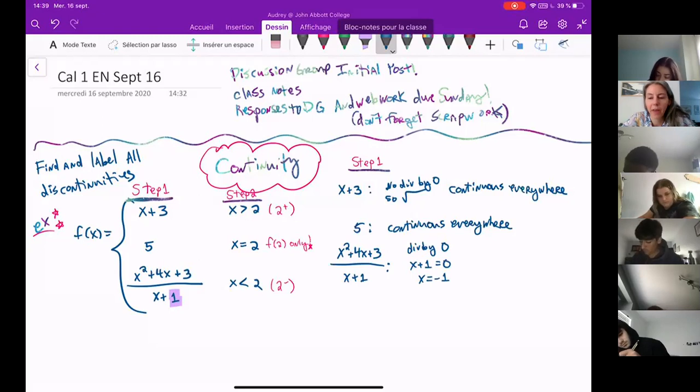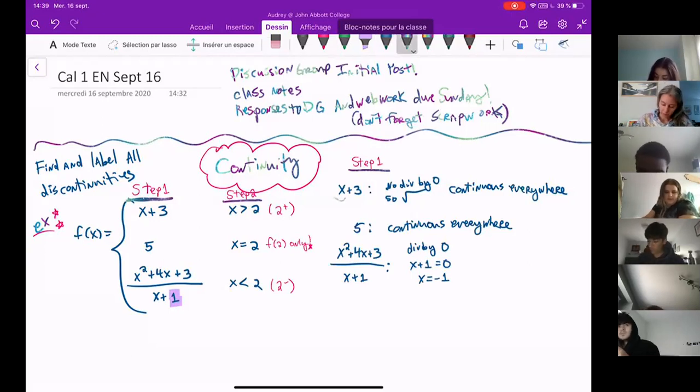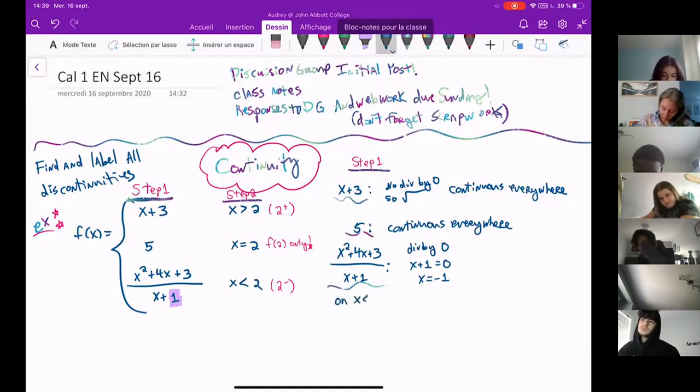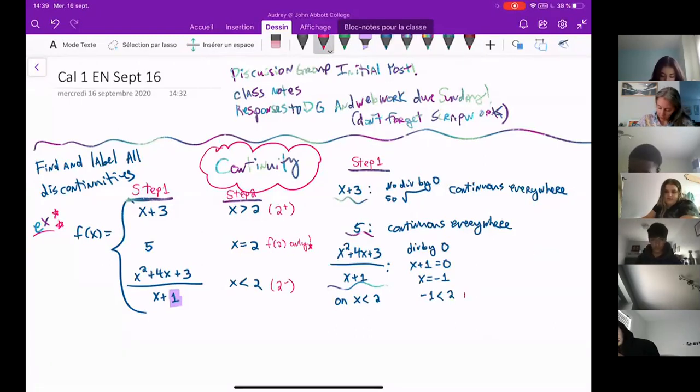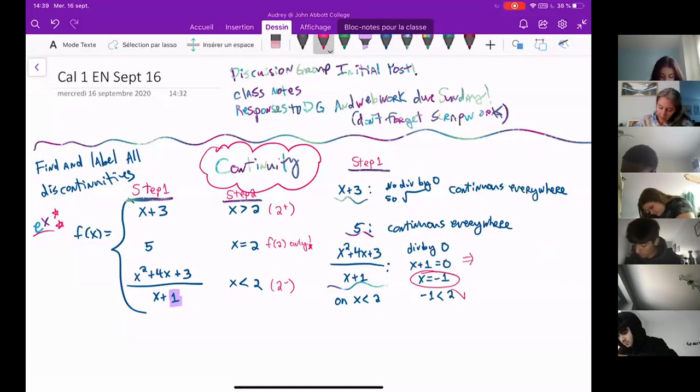Do I care about that -1? What interval am I on? x less than 2. So this is on x less than 2. Is -1 less than 2? Yes. So do I care about it? Yes, you got it, exactly. So it is less than 2. I care about it.